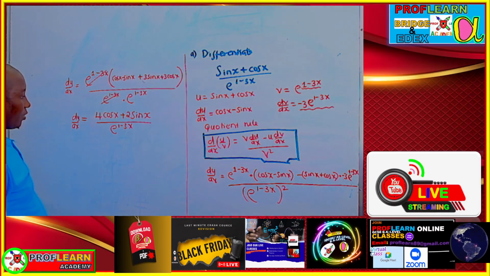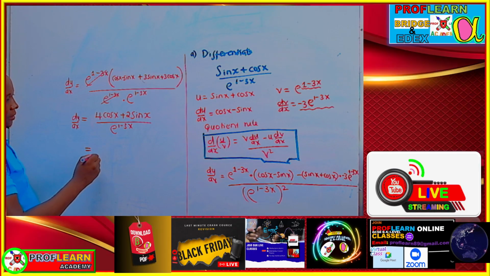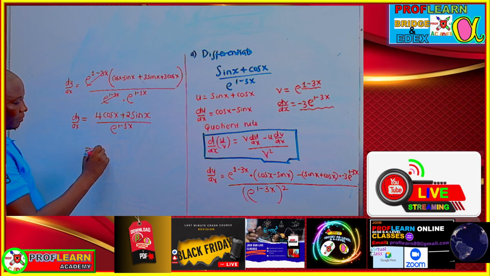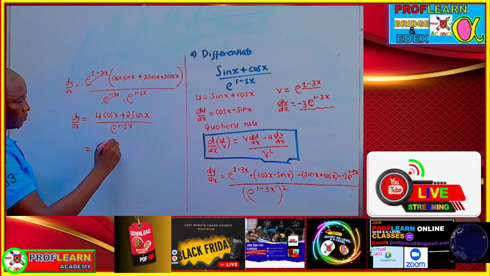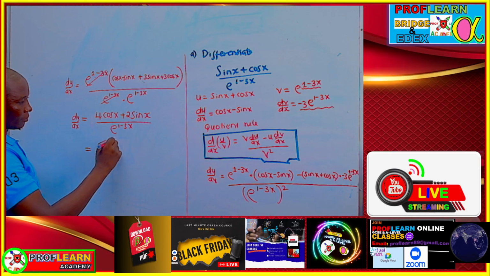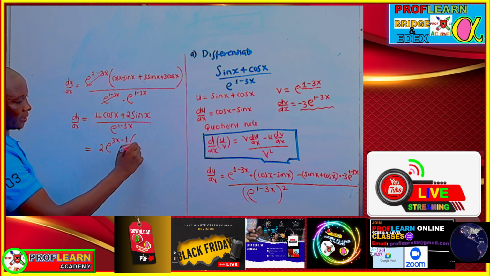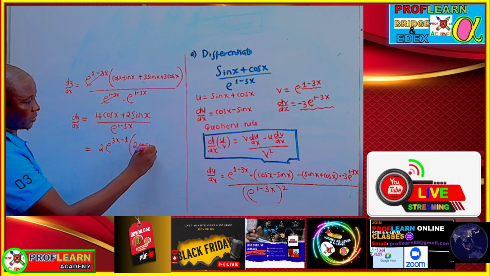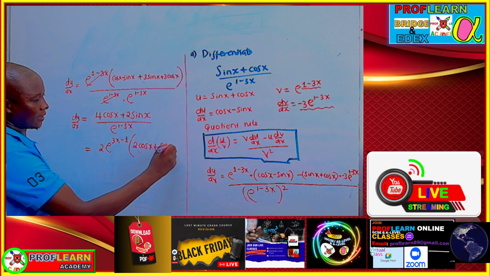And of course, we can say this can be written as 2e^(3x − 1) into bracket (2 cos x + sin x).